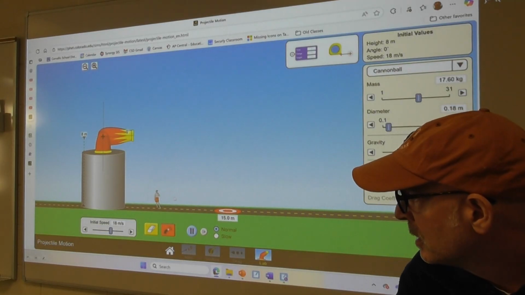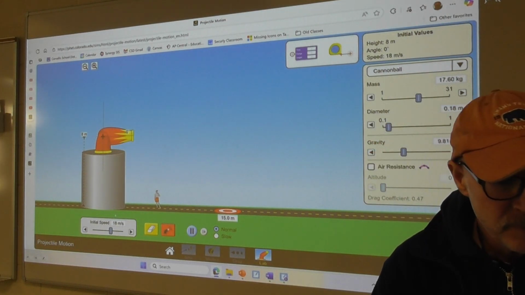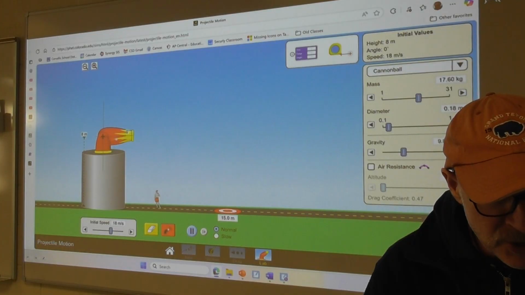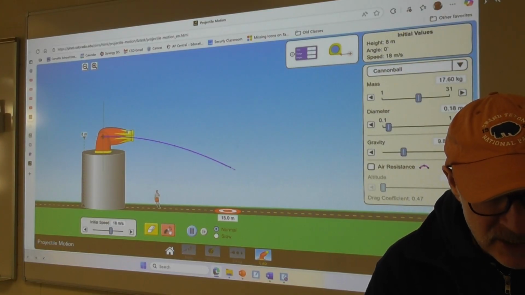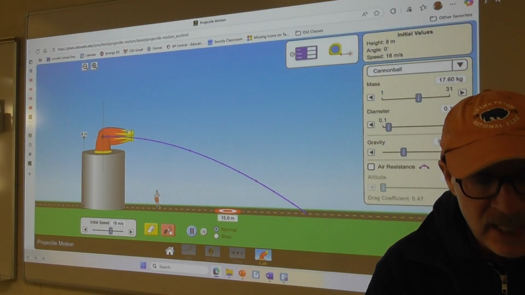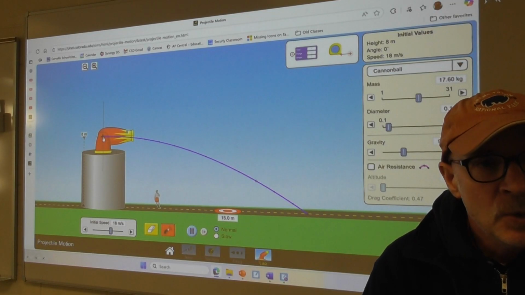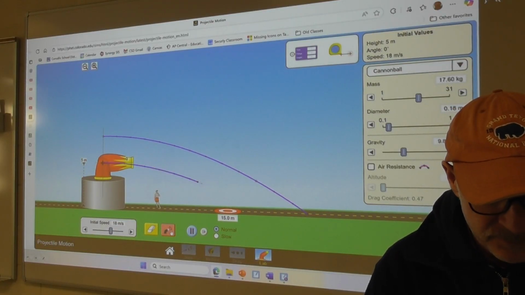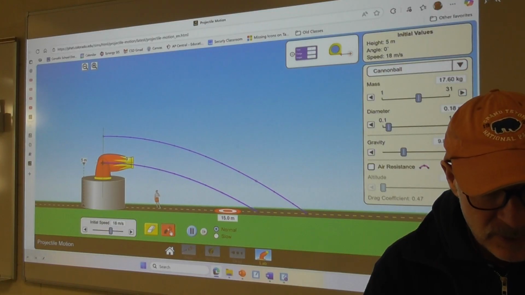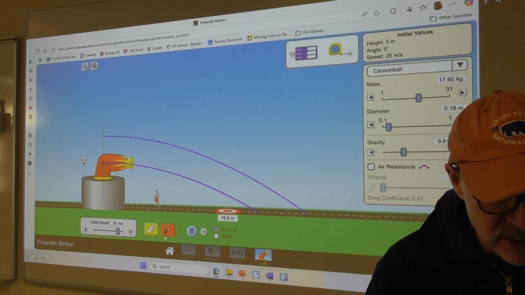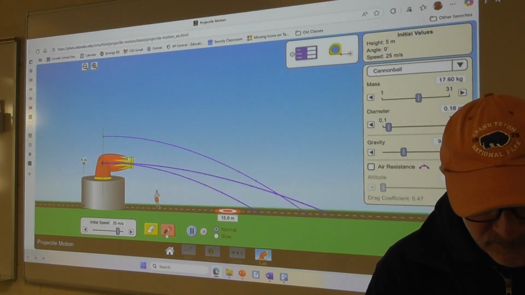If we know how fast it's going, we know how high up above the ground it is, and it's launched at a horizontal angle, then it's going to go the same distance and follow the same path every time. If we lower it, we can predict what's going to happen. It's not going to go as far. If we increase its speed, we can also predict what's going to happen. It'll go farther.